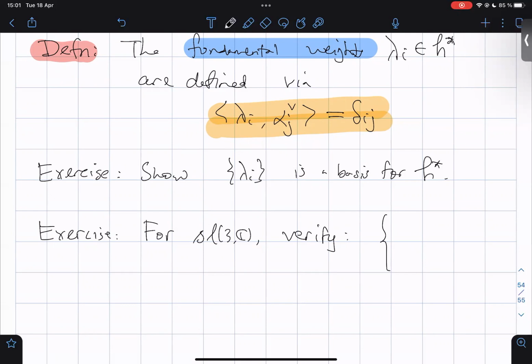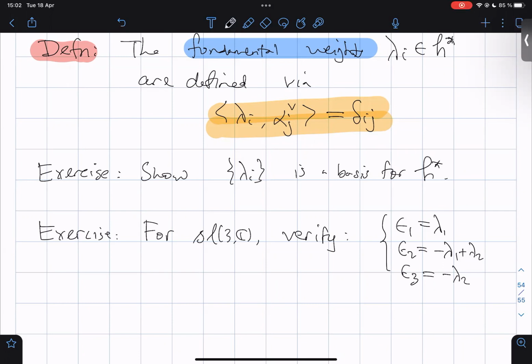So let's postpone this exercise. Actually, since I started writing it, I'll just write it out, but I'll probably move this around. So these epsilons are all weights. I could write them out in terms of the alphas or the lambdas. And this is what they happen to look like.